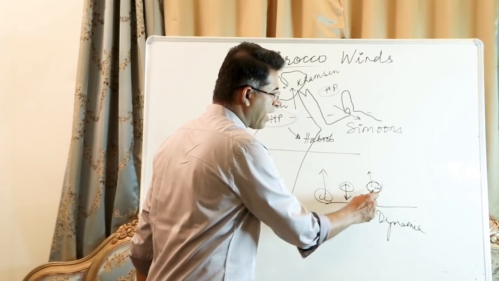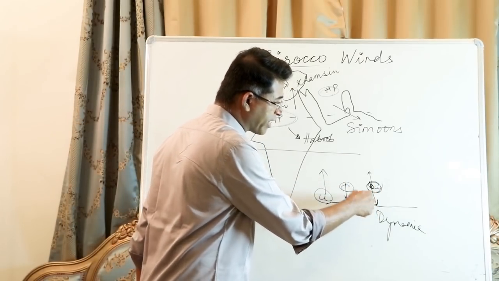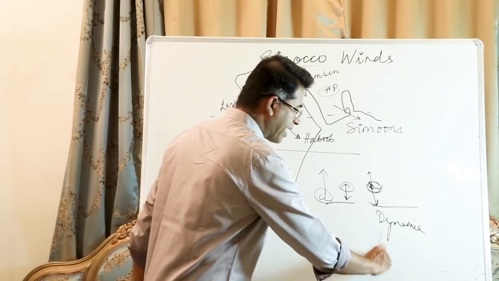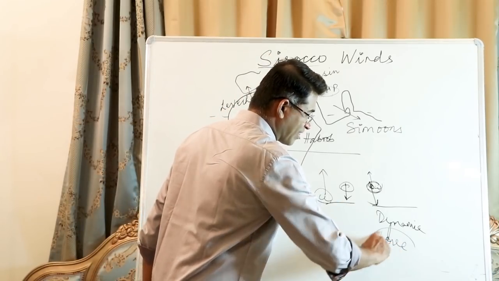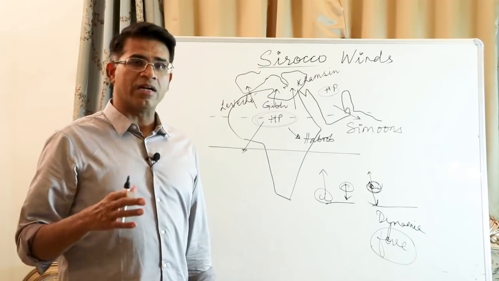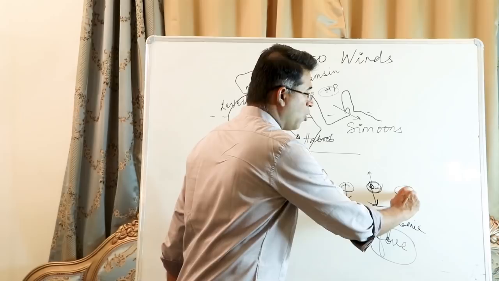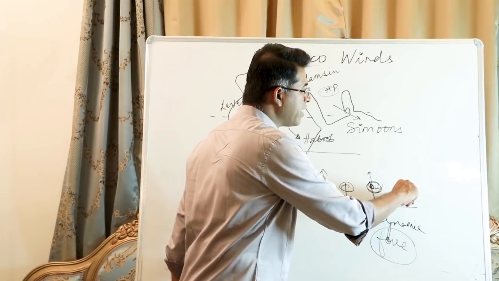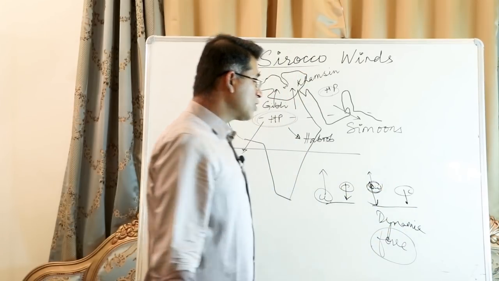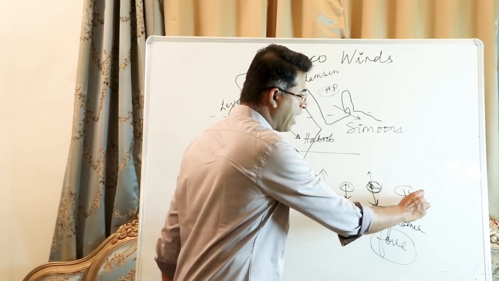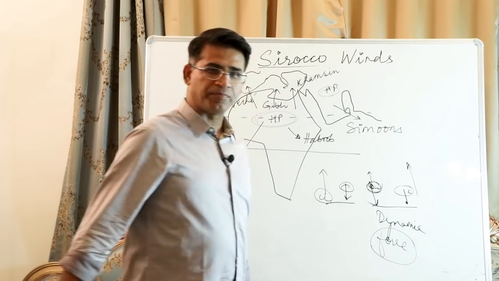This warm air is forced to sink down. This is a kind of force that counters the thermal force. Similarly, if there is cold air and I expect it to sink, but because of dynamic conditions, the cold air can now start rising.